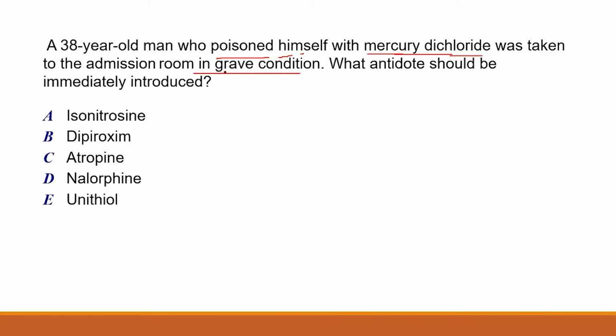And in some cases, even with bismuth poisoning, you can still use your unitiol. So here, your likely answer is unitiol, which is E. All right. So let's move to the next question.